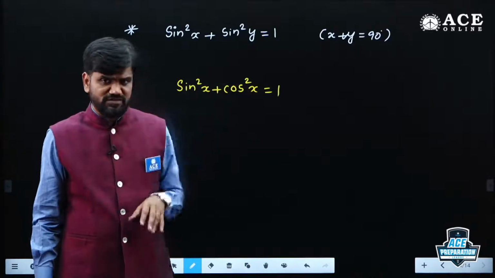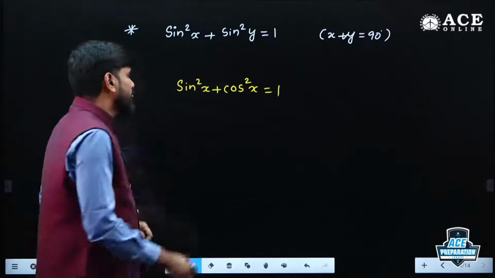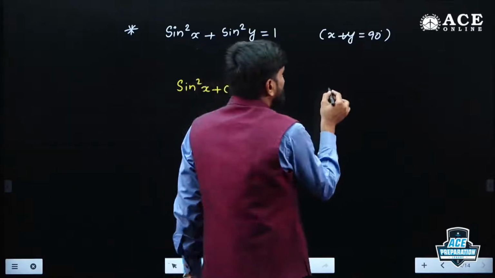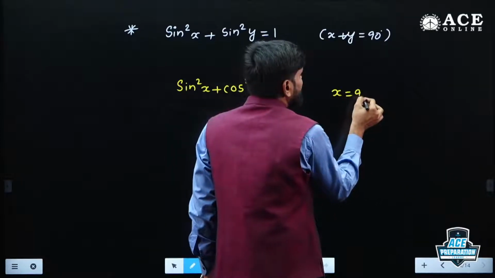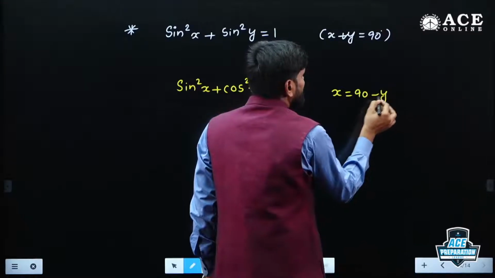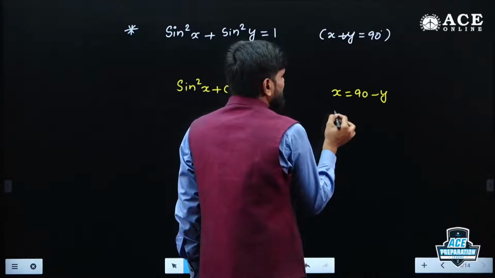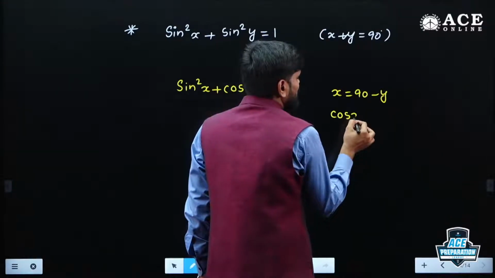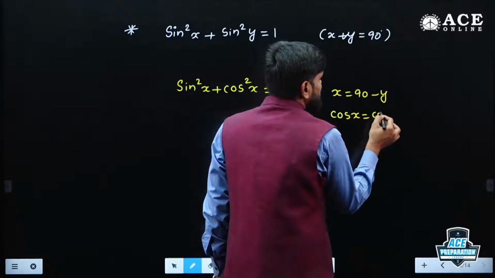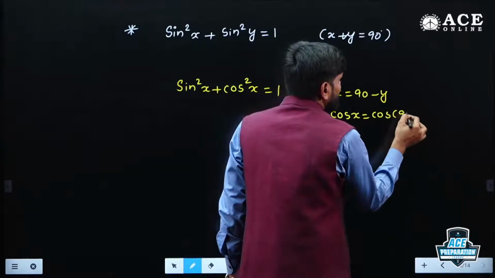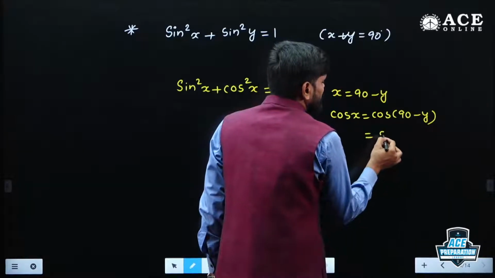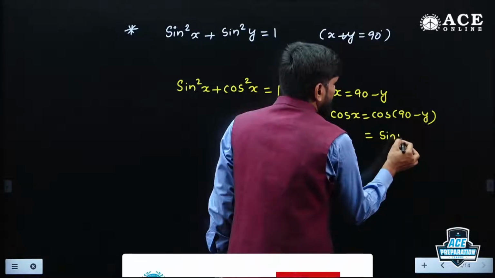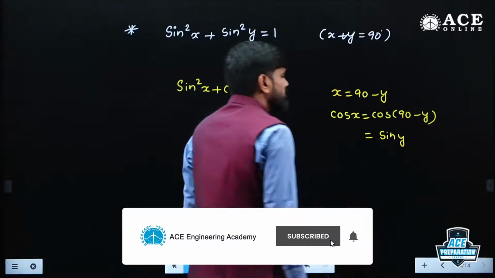If so, we know that x plus y equal to 90. So, we can now say that x is equal to 90 minus y. Hence, I can now say that cos x is equal to cos of 90 minus y. Cos of 90 minus y will be equal to sin y, right?